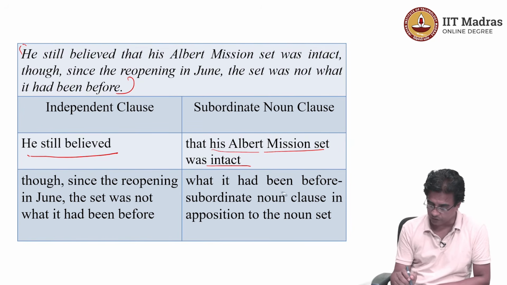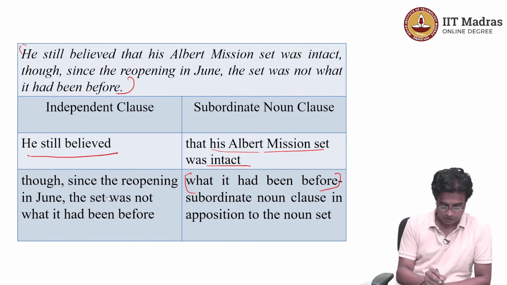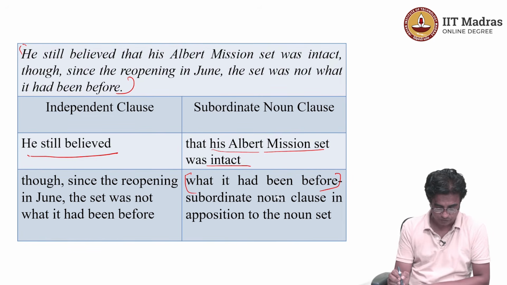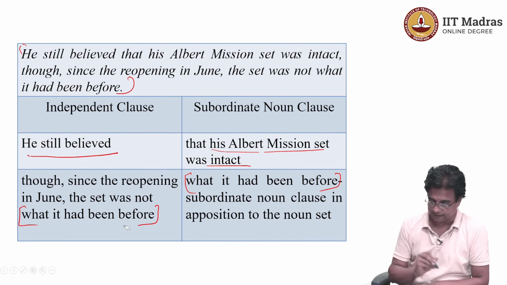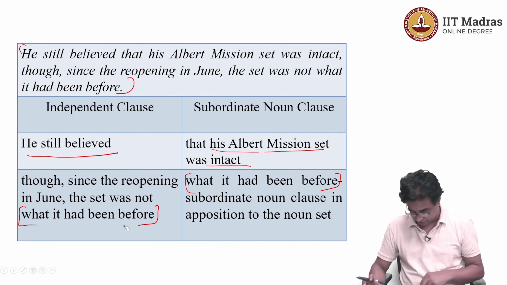What it had been before is a subordinate noun clause in apposition to the noun set. What it had been before is just a modifier clause.